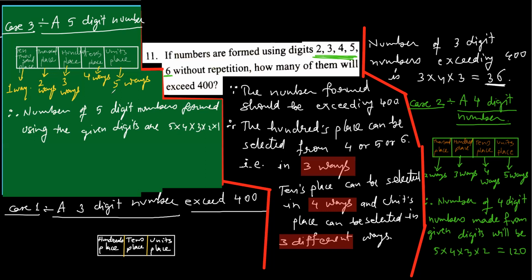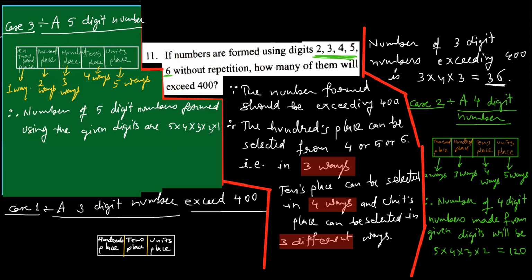Why multiplied? Because I am choosing units place and I'm using tens place and I'm choosing hundreds place and thousands place and 10,000 place. I'm using and in between them.